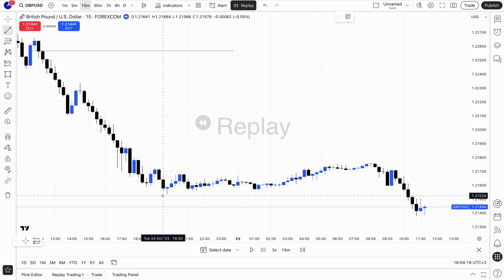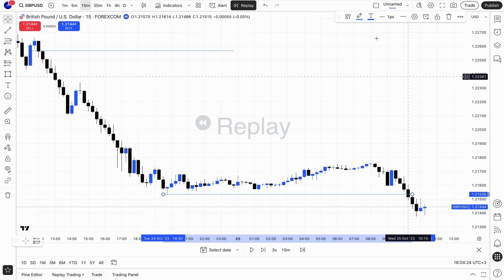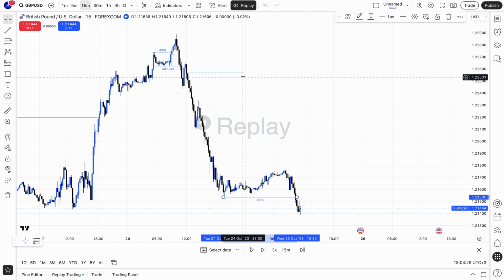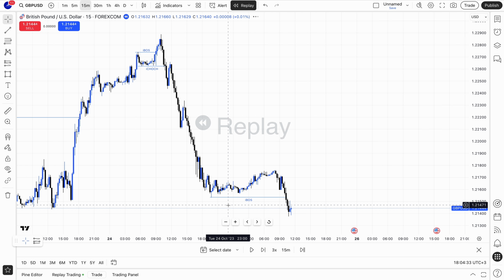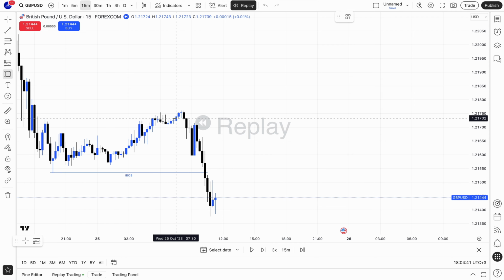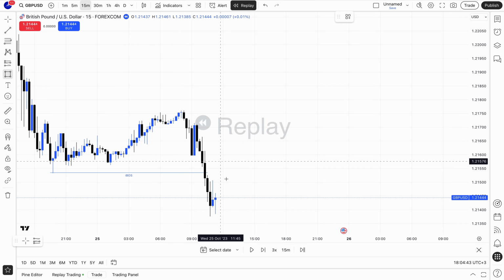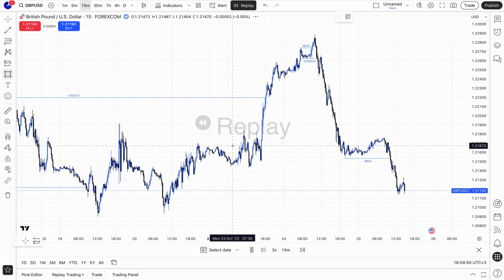One candle, two candle. Then we have that, have our supply zone here, but already mitigated. There was another supply zone here. The market just melted down.